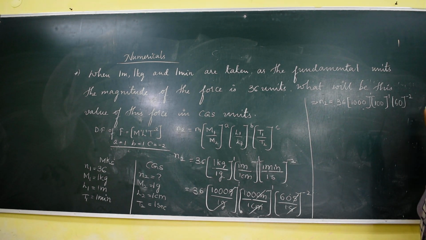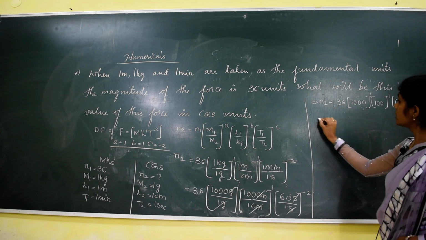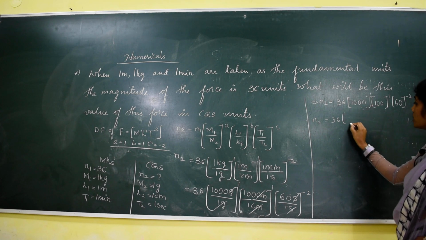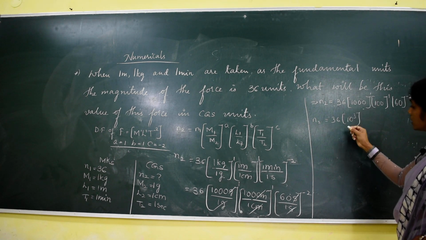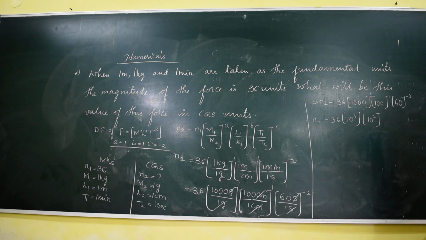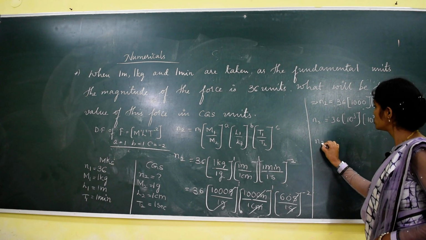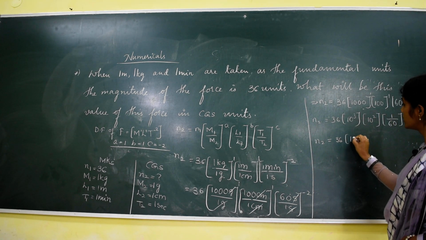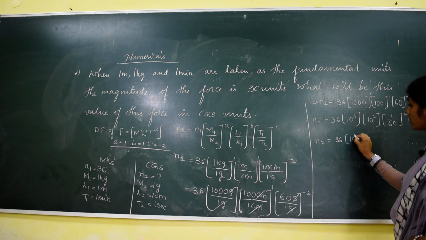This can be written as n2 is equal to 36 into, for 1000 in terms of powers it would be 10 cube, and 100 can be written as 10 square, and 60 raised to minus 2 can be written as 1 over 60 whole square. So n2 is equal to 36 into 10 cube times 10 square, which is 10 raised to 5.